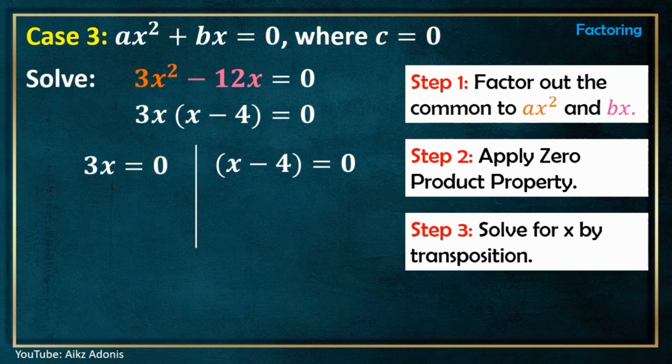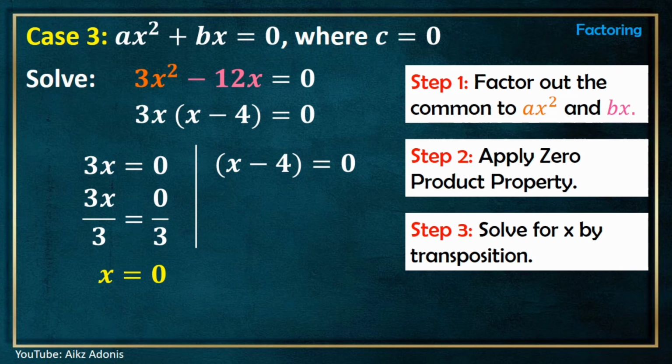And step 3, solve for x by transposition. So, para makuha ang value ng x sa 3x equals 0, divide both sides by the numerical coefficient of x, which is 3. So, 3x divided by 3 equals 0 divided by 3. So, the value of x here is x equals 0.